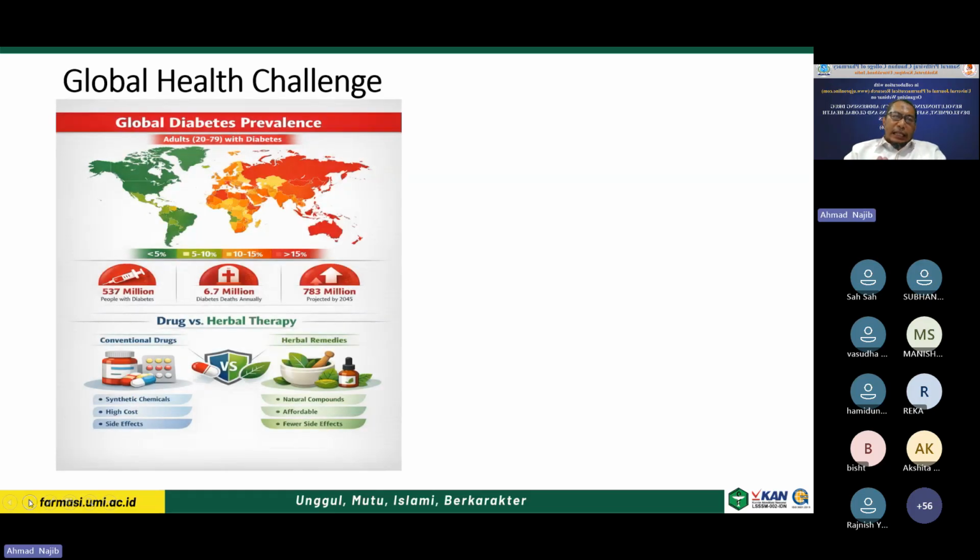We know that diabetes still has a high prevalence in the world. There is a rising global burden, and we know this from the International Diabetes Federation, especially in Southeast Asia and generally in Asia, where there are many patients of diabetes mellitus.